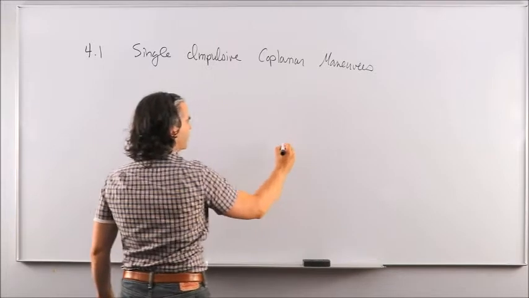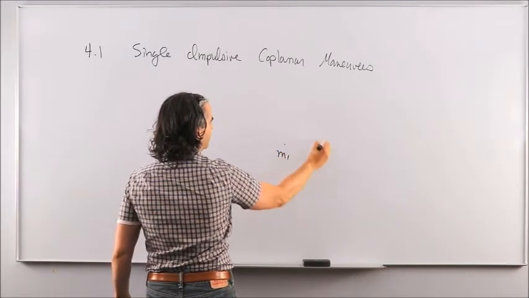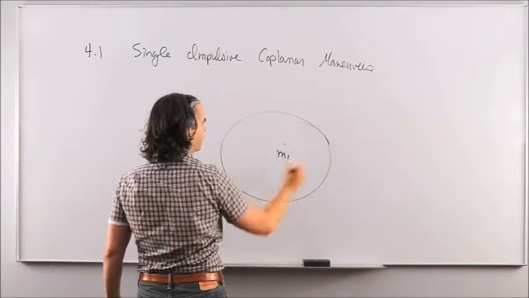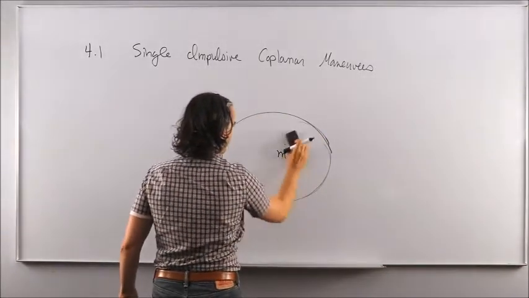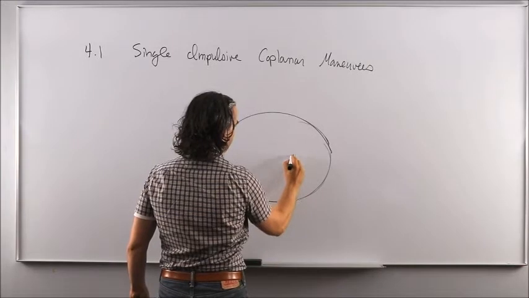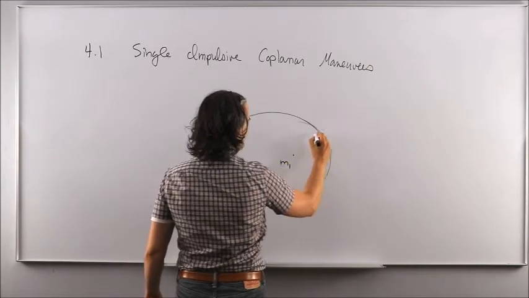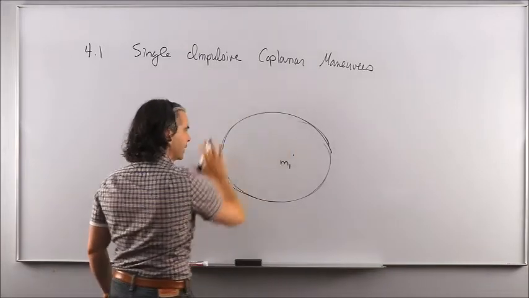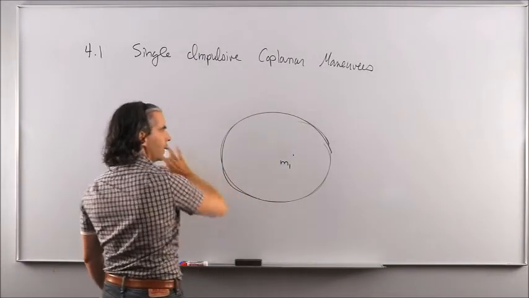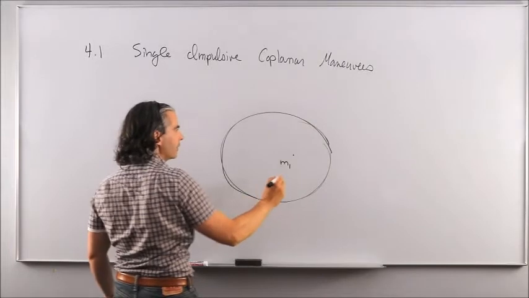Okay? So if this is M1 and you have the spacecraft original or current orbit like that, what's going to happen if we talk about coplanar maneuvers is that everything will be taking place in the orbital plane, which is the plane of the whiteboard here.